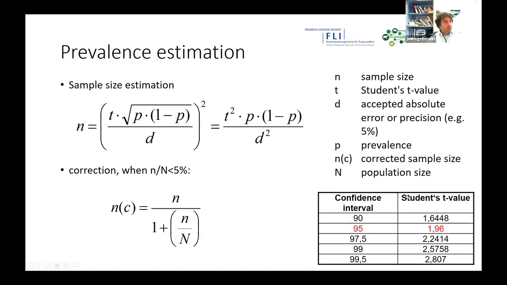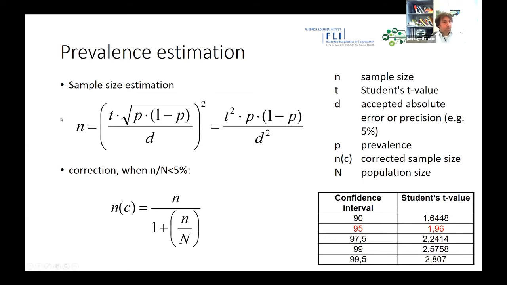And this is different from the prevalence estimation. Within the prevalence estimation, you want to know a certain prevalence. For example, you have some information that your prevalence in the population is 30%.